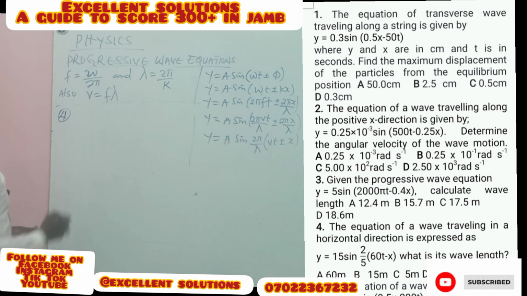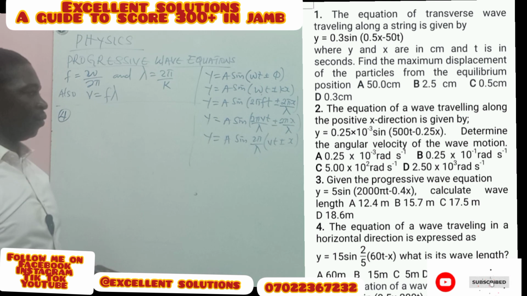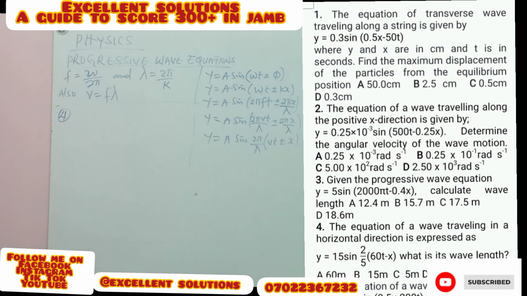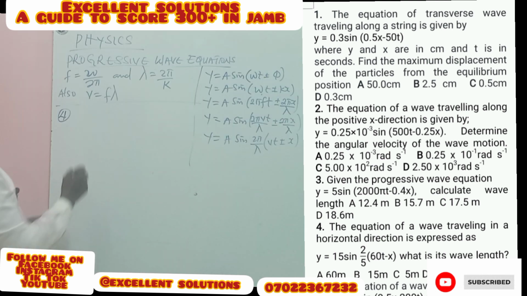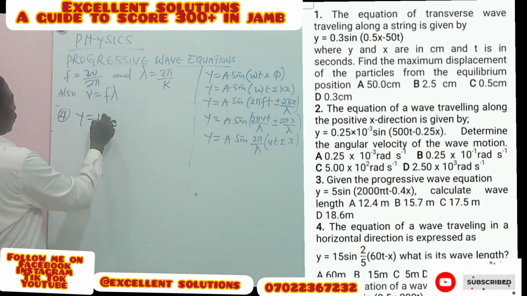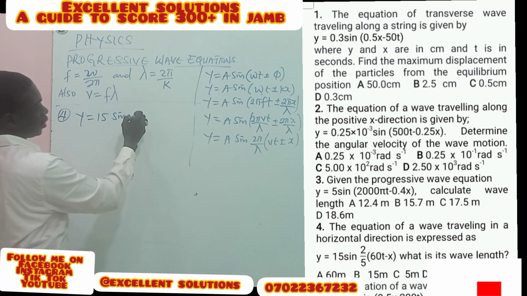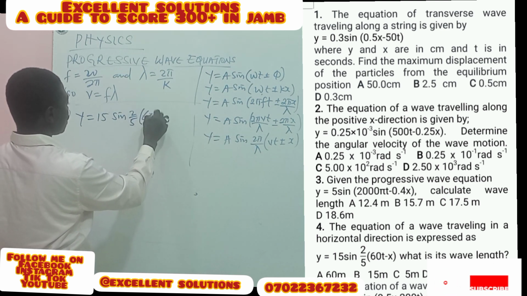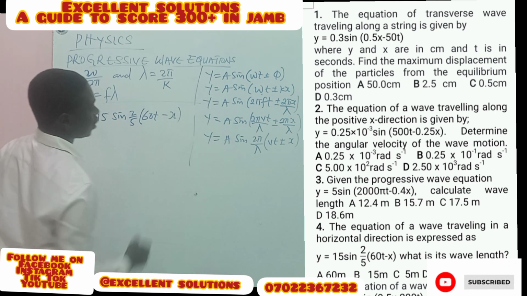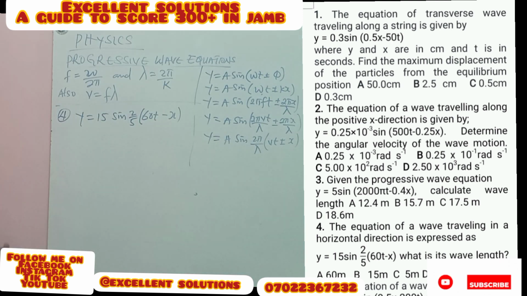Question 4 says, the equation of a wave traveling along the horizontal direction is expressed as y equal to 15 sine, we have 2 upon 5 into 60t minus x. So what is the wavelength? The question here asks us what is the wavelength.